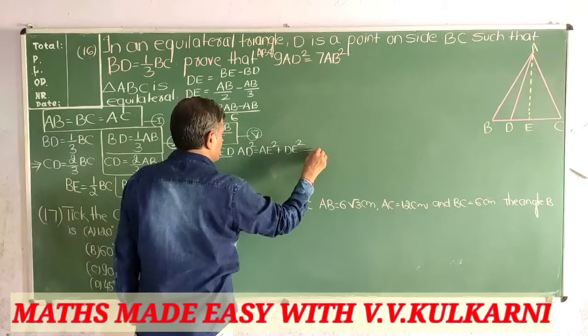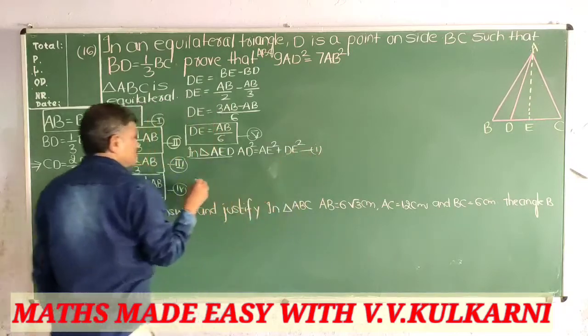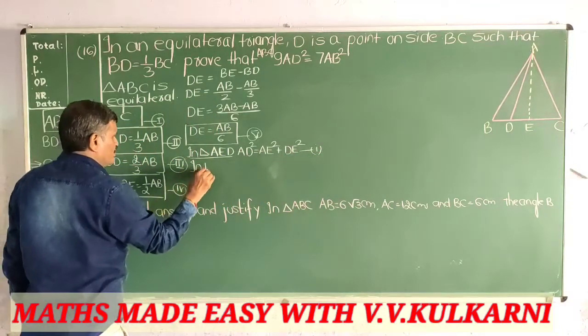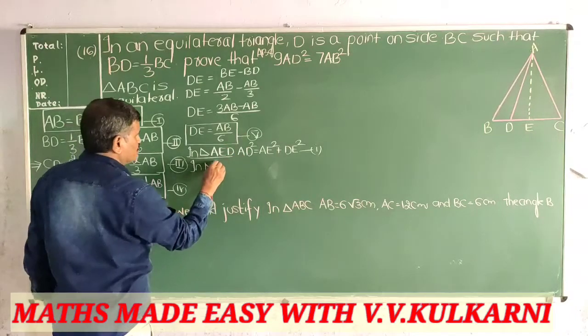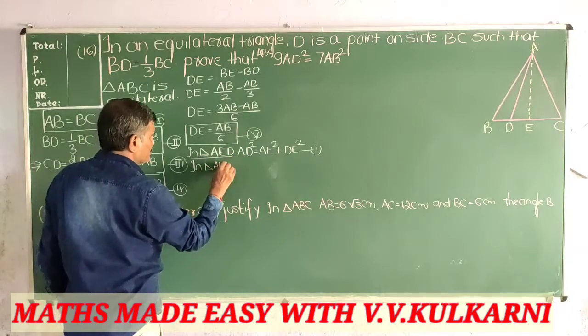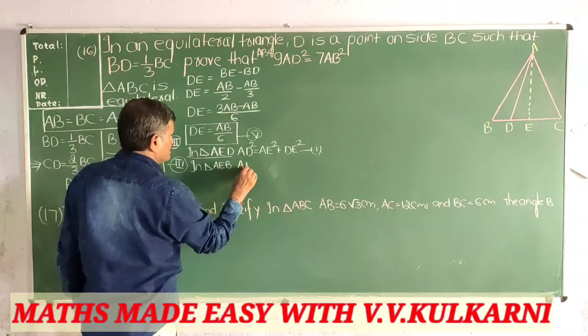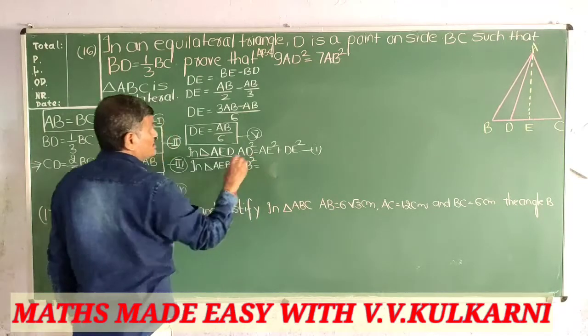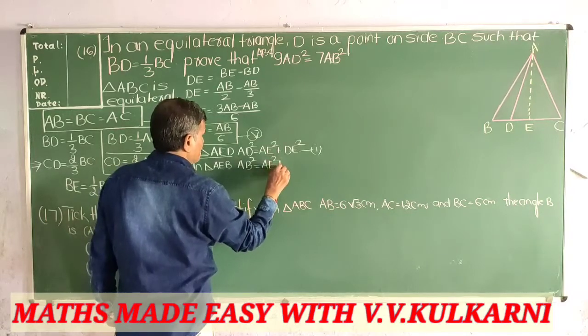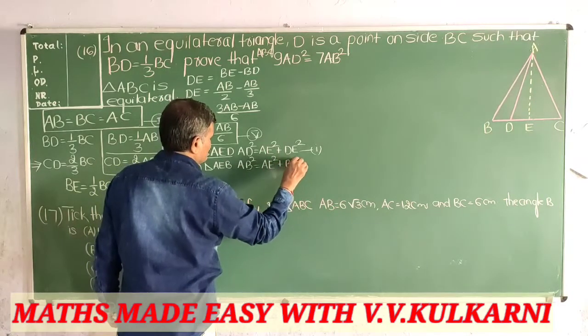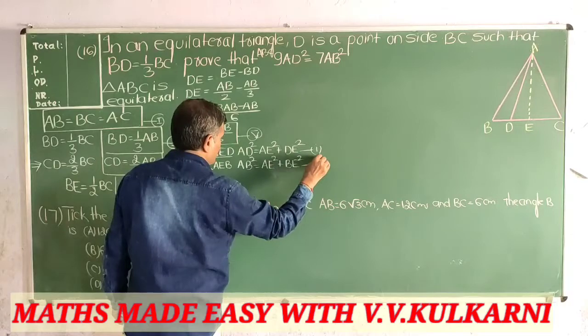This I will call small equation 1. Similarly, in right angle triangle AEB, if I apply Pythagoras theorem, then AB square is equal to AE square plus BE square. This I will call small equation 2.